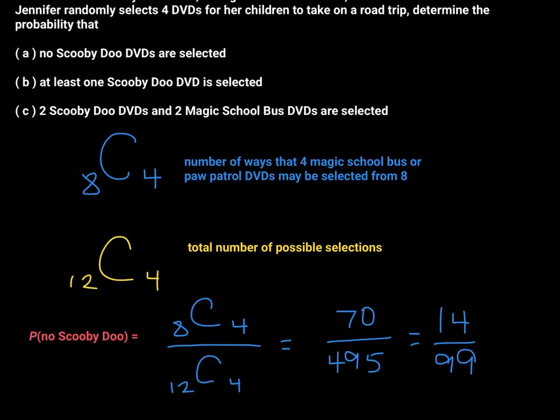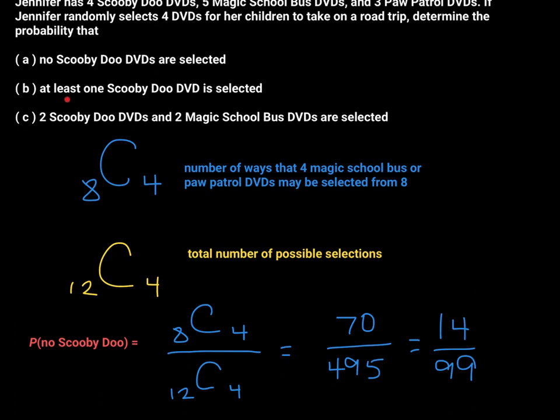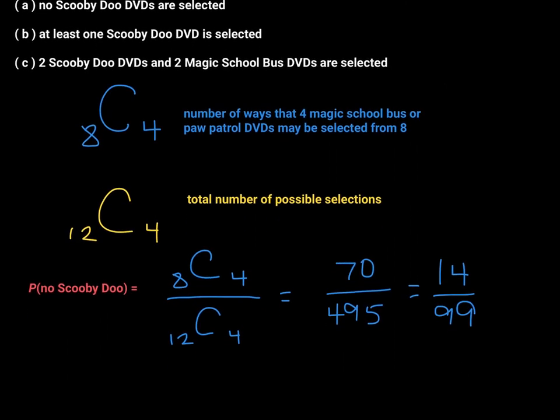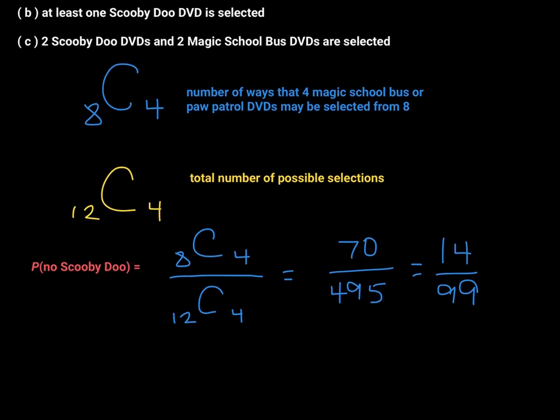It says, what's the probability that at least one Scooby-Doo is selected? Okay, at least one Scooby-Doo is selected. When Jennifer selects 4 DVDs, the choice must contain either no Scooby-Doos or at least one Scooby-Doo.